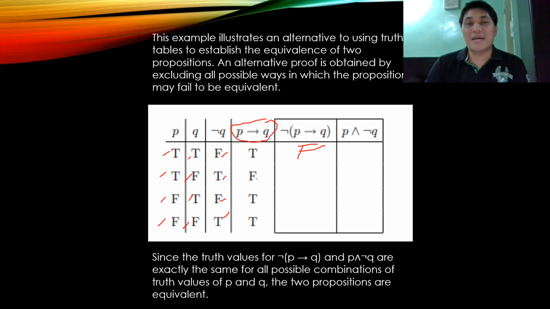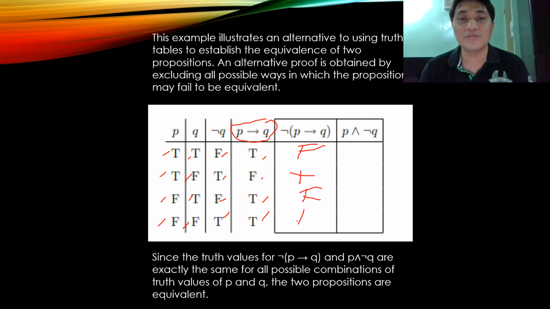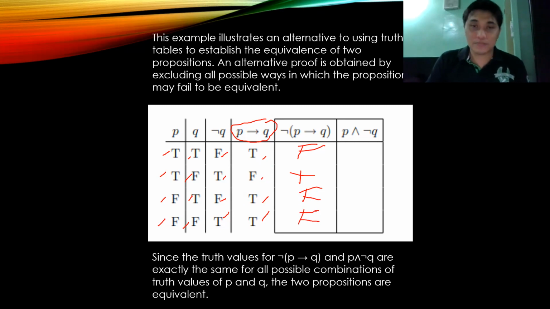If P implies Q is false, this will be true. So our column for the negation of P implies Q is false, true, false, false.